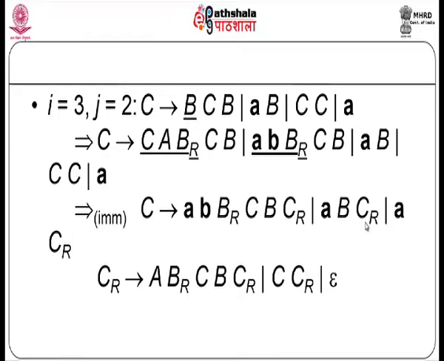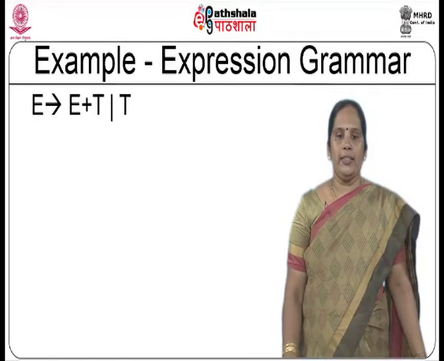Now, I introduce a new non-terminal here, C'. C' will now have alpha followed by C', alpha 2 followed by C' or epsilon, and C will produce beta 1 C', beta 2 C' as well as beta 3 C'. So, this is going to be your situation. Now, let us take this expression grammar.